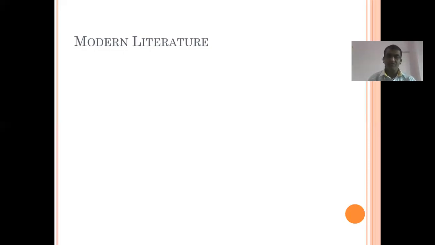Modern literature hints at modernism, the rational type of thinking. So, what has brought these changes? It's a radical shift from the earlier socio-political conditions of the era.